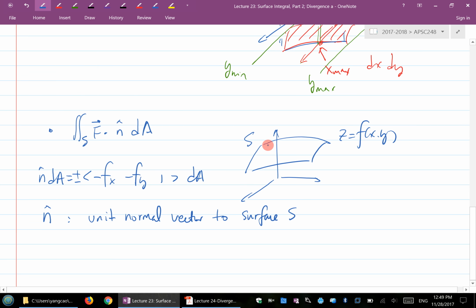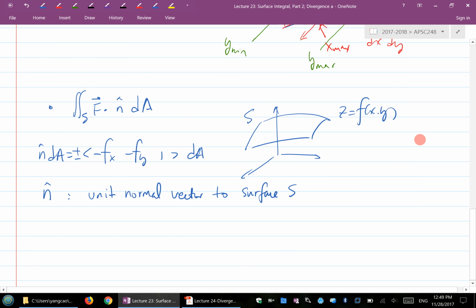Let's say I ask you a question now. I give you a surface here. Can you give me n hat, right? So basically, given z equal to f of x, y, what will be n hat for this surface here, using prior knowledge that we learned?